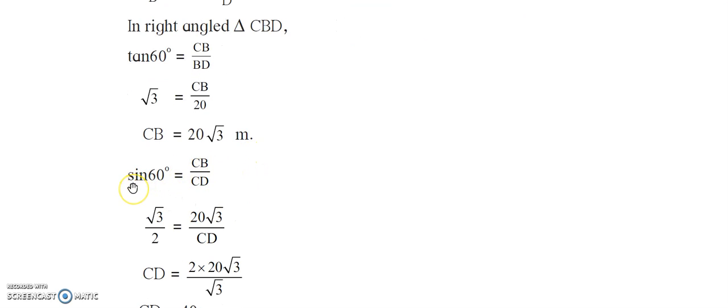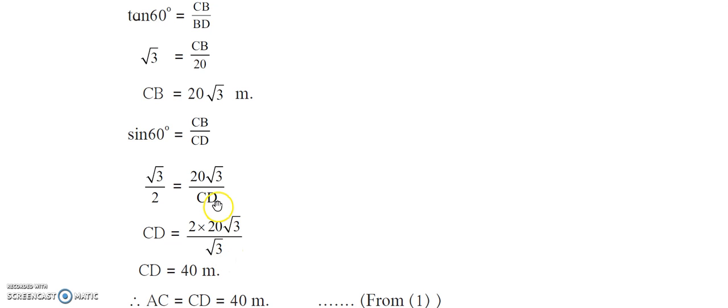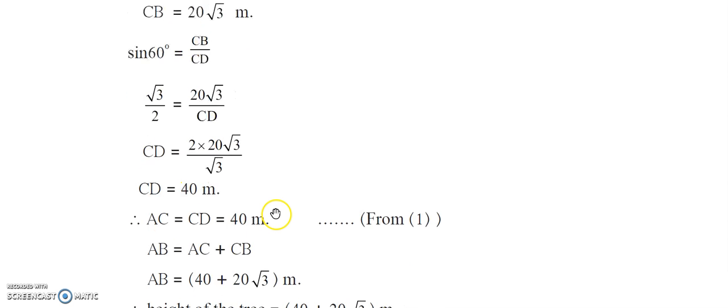The value of sin 60 is root 3 upon 2, which is equal to CB, that is 20 root 3, upon CD. Now do the cross multiplication. CD goes to the numerator, divided by 2 goes to multiplication, and divided by root 3. Now root 3 gets cancelled. Then you will get CD is equal to 40 meters.